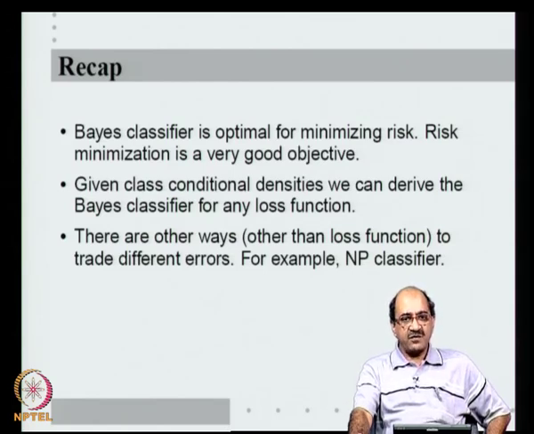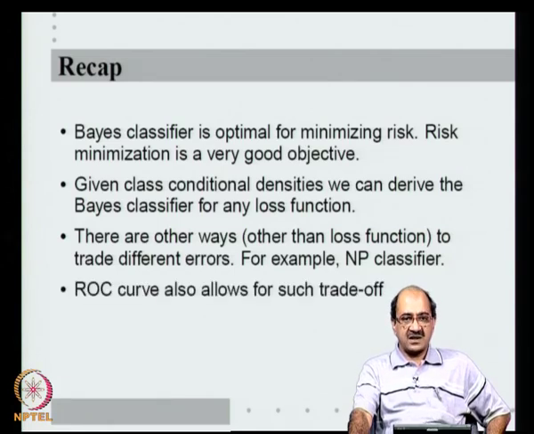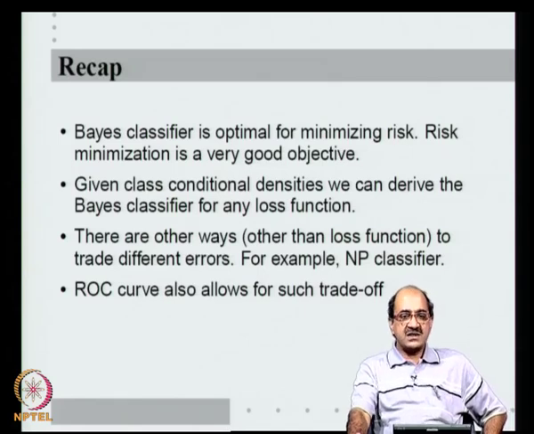So, there are different ways in which I may want to trade one kind of error with another, and Neyman-Pearson classifier is one good example of this trade off. Another thing that we briefly considered last class is the so called receiver operating characteristic curve, which is another way of explicitly affecting such a trade off. Since we went through ROC very fast, let us go over that again.